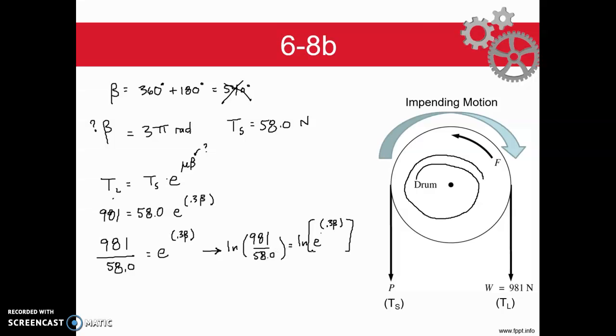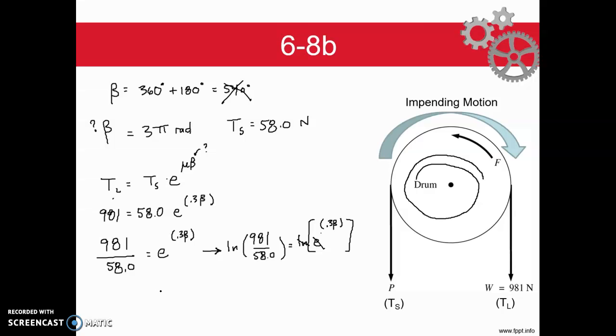And I mentioned earlier in the previous video that this e to the power of, this exponential function, is the inverse function of a natural log. The two of them cancel each other out. They're like addition and subtraction, or multiplication and division, or squaring something versus the square root. They're just going to cancel each other out.